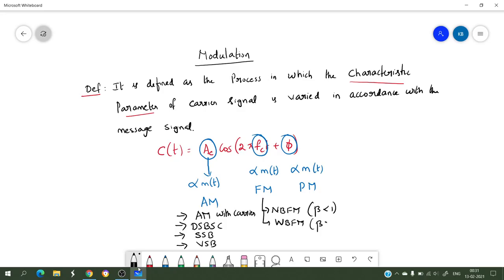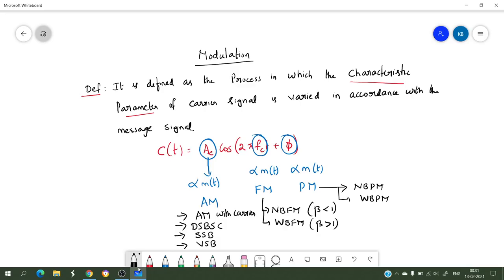If the modulation index is greater than 1, we call it wide band FM. The same scenario we can apply to phase modulation: narrow band phase modulation and wide band phase modulation. In this also, these two types can be classified based on whether the modulation index is less than 1 or greater than 1.